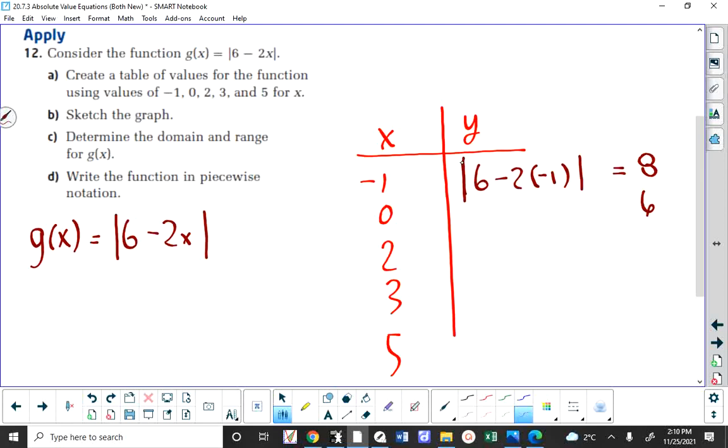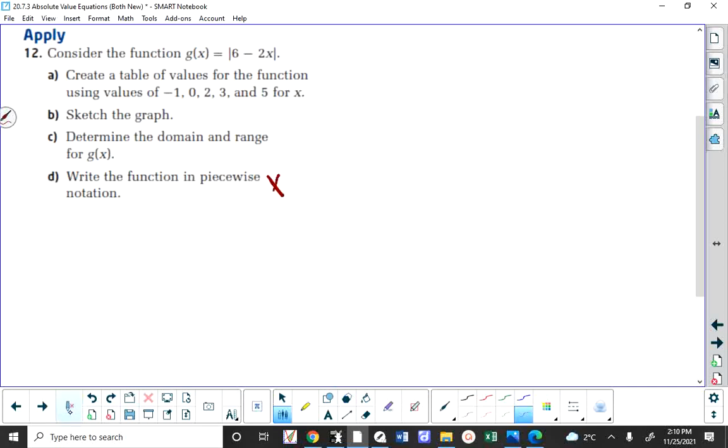I think the reason why they are asking you to do this, let me cut to the chase, okay? In this question, this is what is important: you have to be able to write y equals the absolute value of 6 minus 2x, which I'll call g of x, in piecewise form.